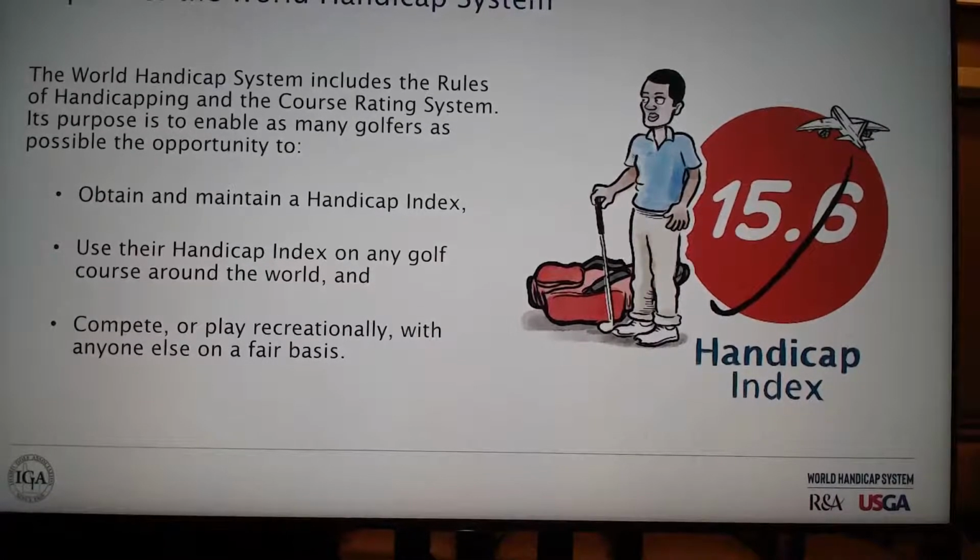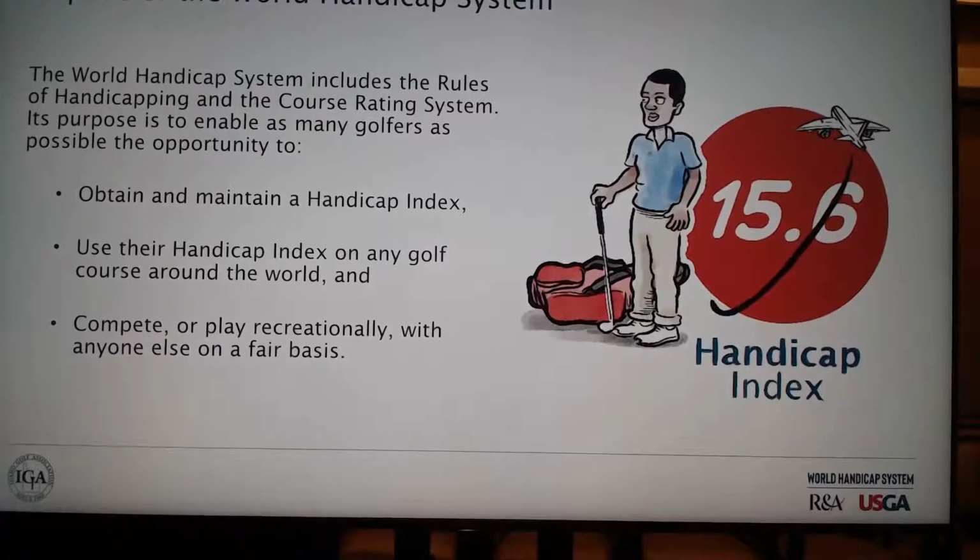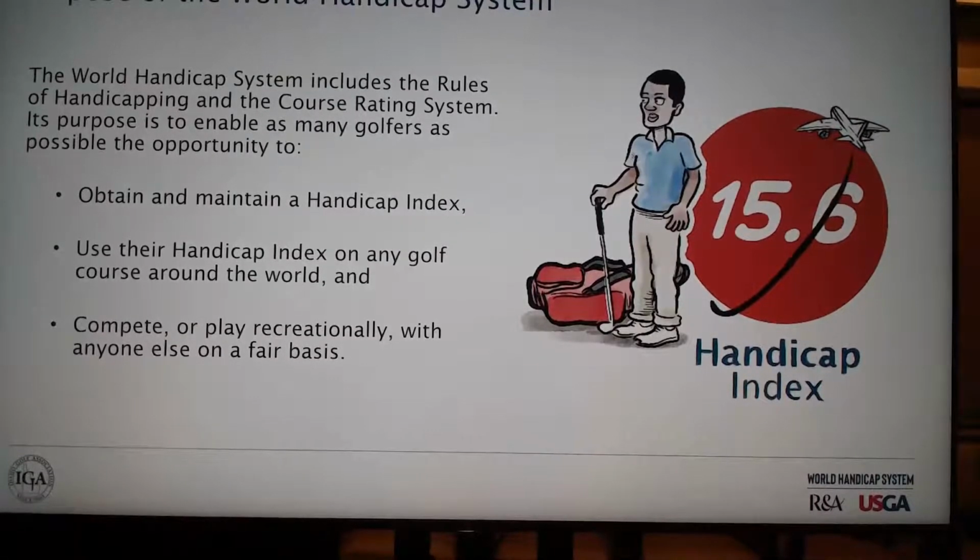So, the purpose, as stated here: the World Handicap System includes the rules of handicapping and the course rating system. Its purpose is to enable as many golfers as possible the opportunity to obtain and maintain a handicap index, use their index on any golf course around the world, and compete or play recreationally with anyone else on a fair basis. The biggest change here is that in the past, we had to adopt Rule 3-5 when people were playing different sets of tees based on different gender and different sets of tees being played.